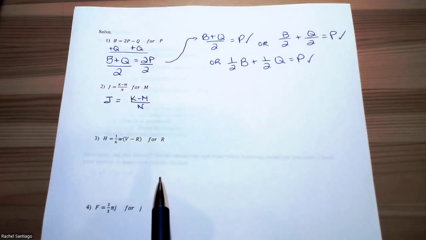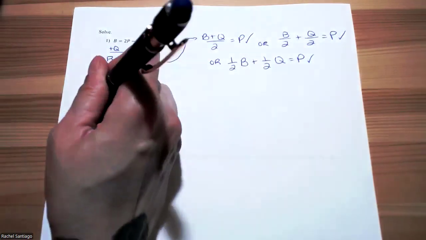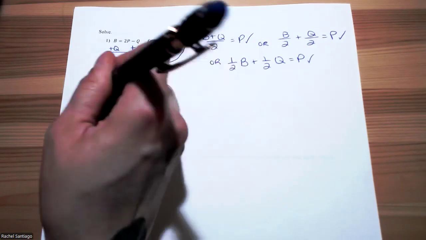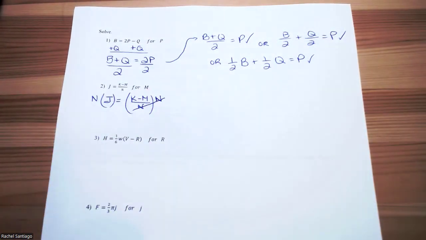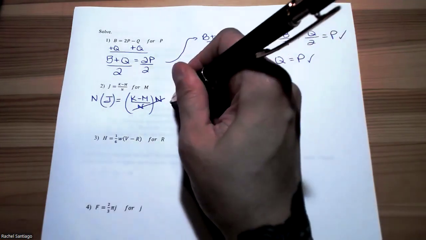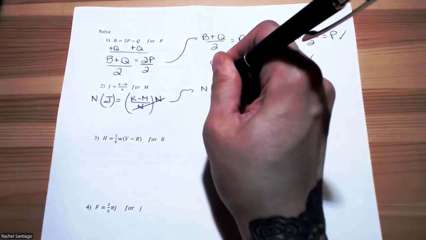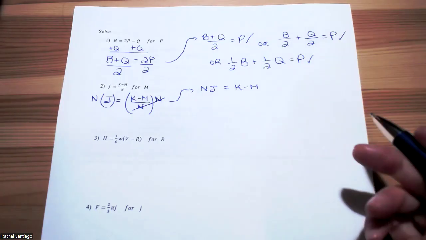So in order to do that, the opposite of divided by n is to multiply by n. What you do to one side, you do to the other. So notice the n's divide out on the right-hand side. So that leaves me with n times j, I don't need parentheses, is equal to k minus m.